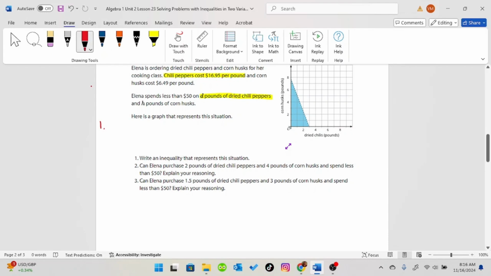So when we write this, we would write 16.95 D. This is taking the $16.95 and multiplying it by the pounds of dried chili peppers. Next, we see that corn husks cost $6.49 per pound, and the H is going to represent the pounds of corn husks.